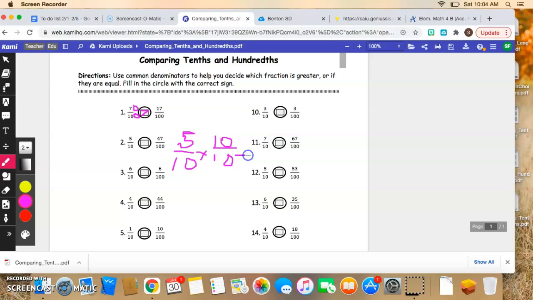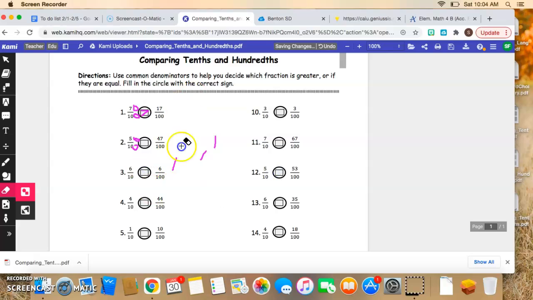Because we need to get our denominator to equal 100, and we know 10 times 10 is 100. So 5 times 10 is 50. So I am going to add a 0 here, and I'm going to add a 0 here. So it's 50 hundredths. I'm going to erase my work.